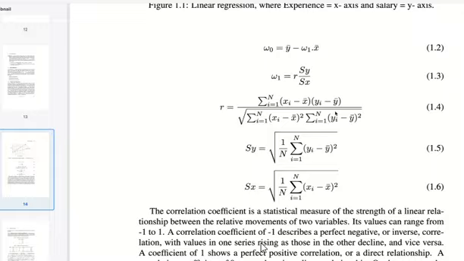And the slope is r, the correlation coefficient, times standard deviation of y divided by standard deviation of x. In the next physical class, I will show you another technique to find the value of slope without calculating standard deviation or even the correlation coefficient. If you have the value of slope, you can easily find the value of intercept.